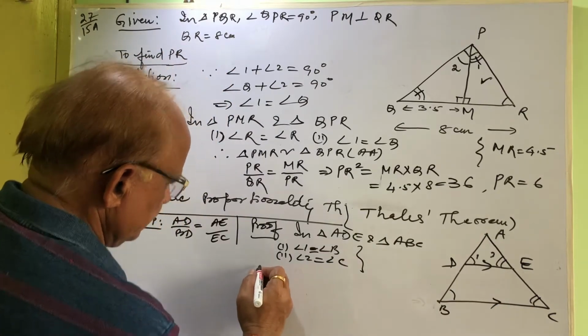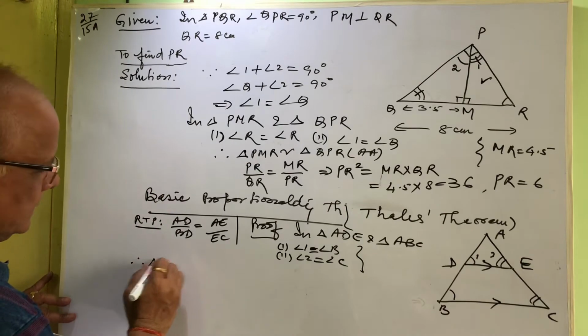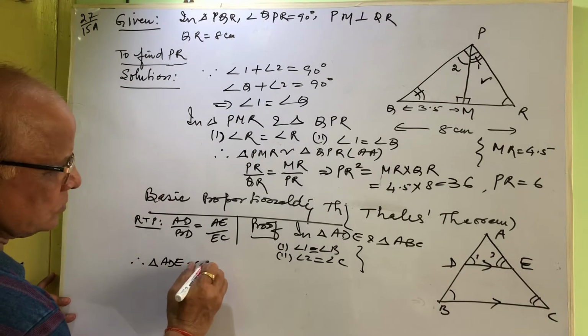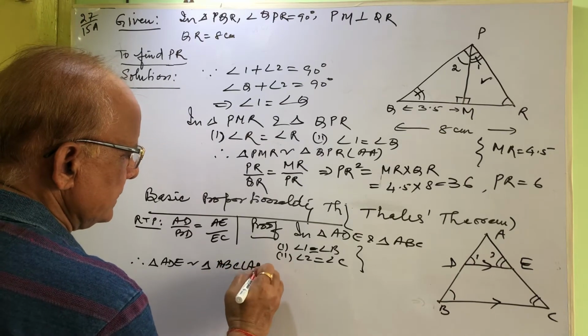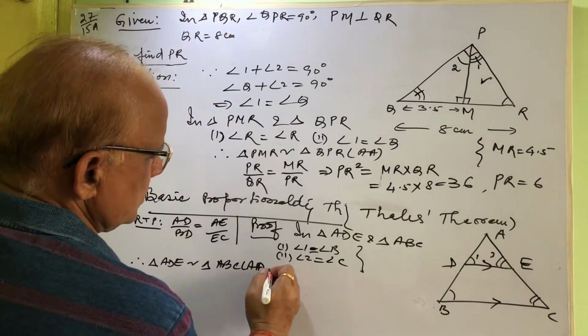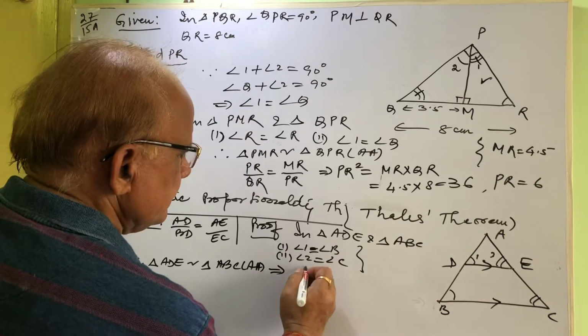Therefore triangle ADE is similar to triangle ABC by angle similarity. Hence the ratio of corresponding sides must be equal.